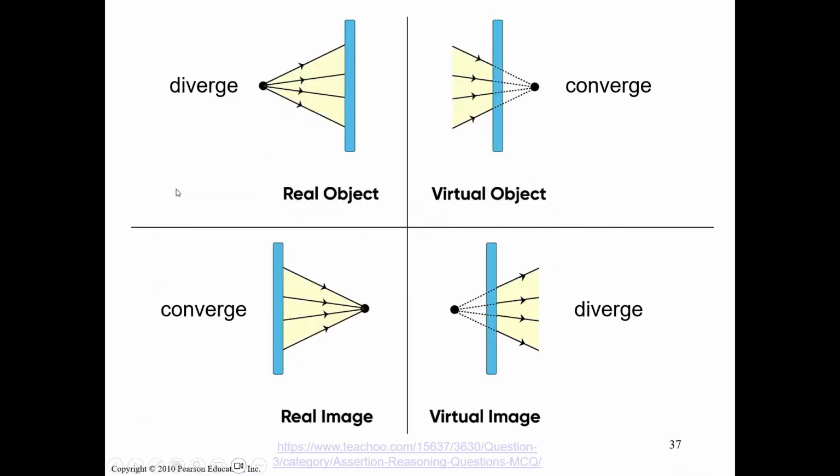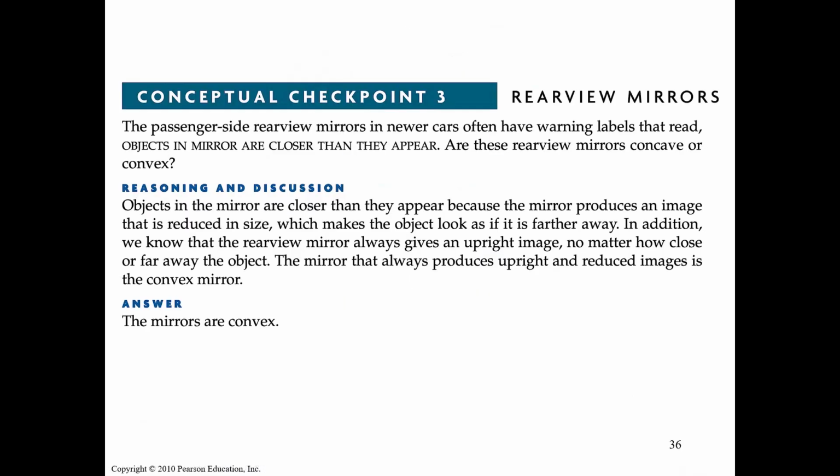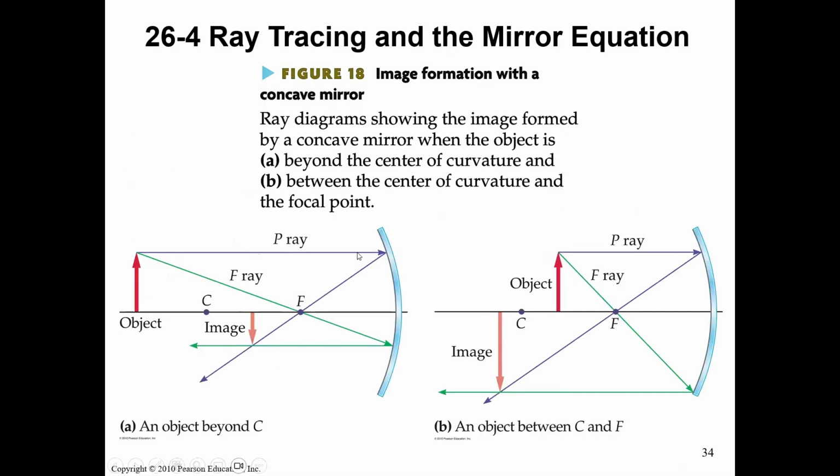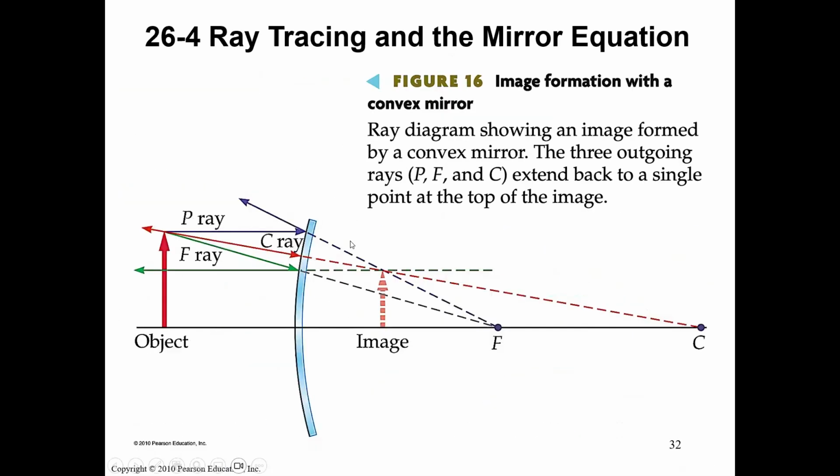And one thing I want to clarify, or remind you of, is that we just talked about ray tracing for concave mirrors and also for convex mirrors. It also works, of course, for a plane mirror, right? So how do you do ray tracing for a plane mirror? For a plane mirror, you can do a P-ray.